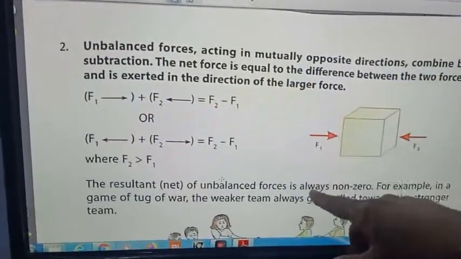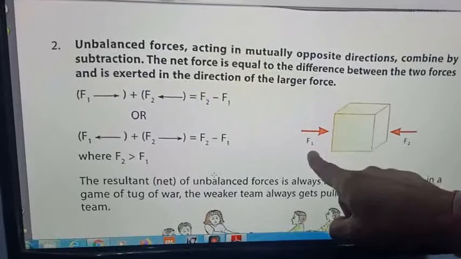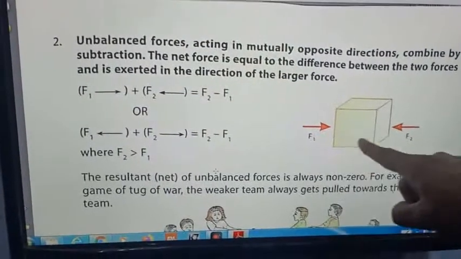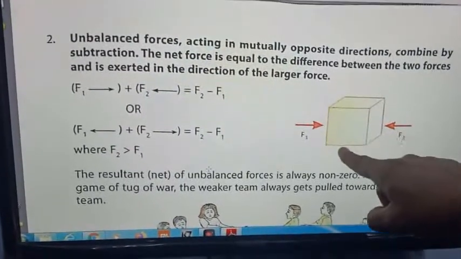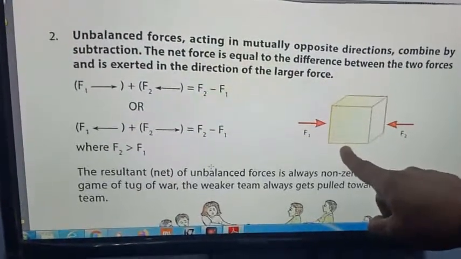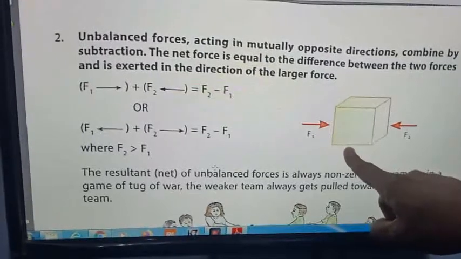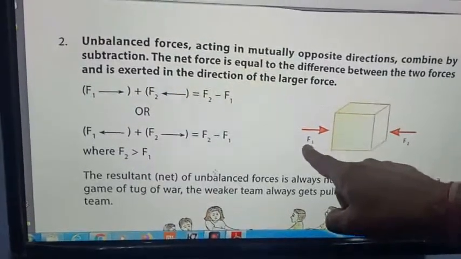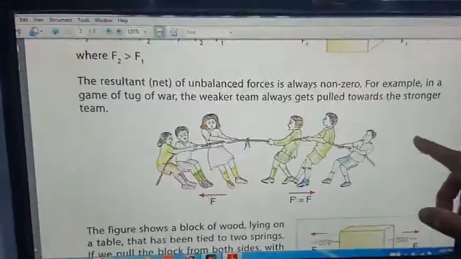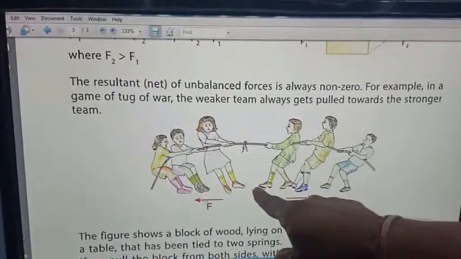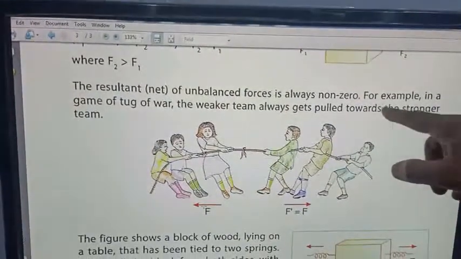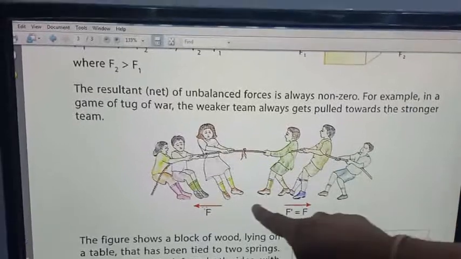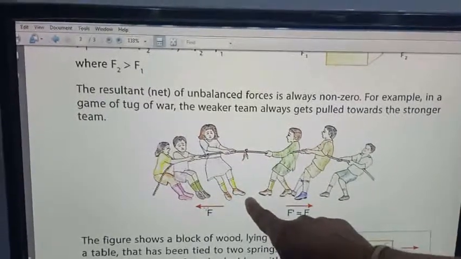For example, if a 10 Newton force is acting from one side and a 5 Newton force from the other side, then the net force acting on the object is 5 Newton in the direction of the larger force. In the given example of tug of war, the weaker team always gets pulled towards the stronger team. This is an example of unbalanced force.